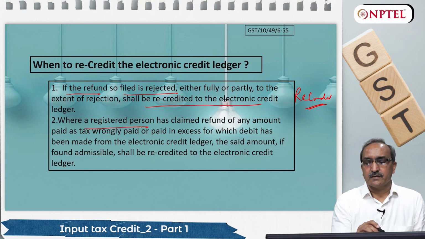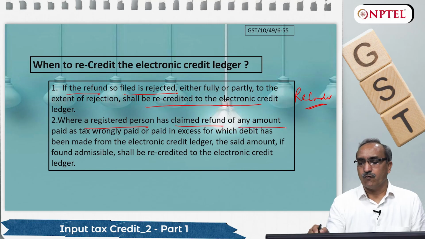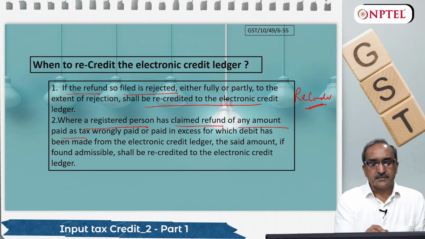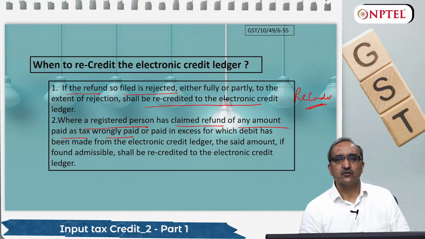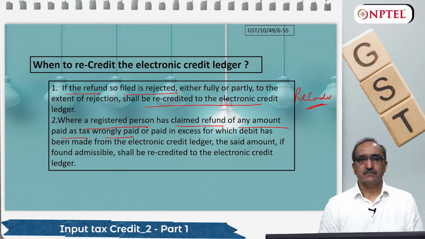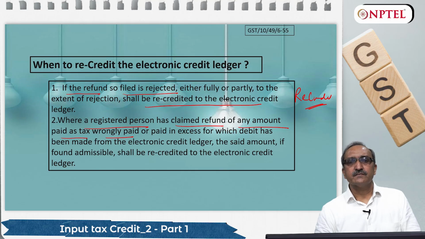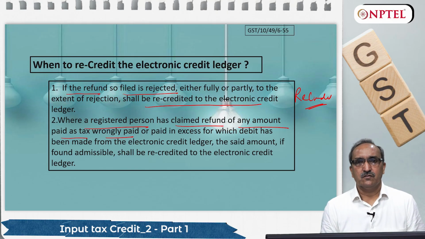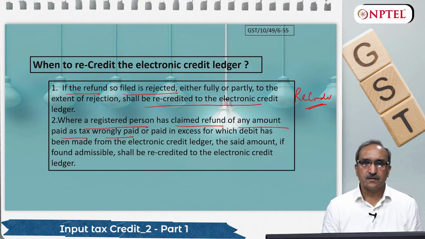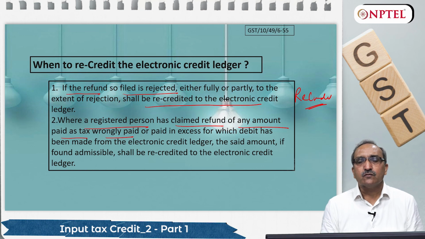Where a registered person has claimed refund of any amount paid as tax wrongly paid. It happens many times because of some clerical mistake or some accountant mistake or otherwise, you paid wrong tax, you paid excess tax, or maybe because there is a change in invoice value or the quantity or the rate, your tax gets amended and you came to know that you paid excess tax.